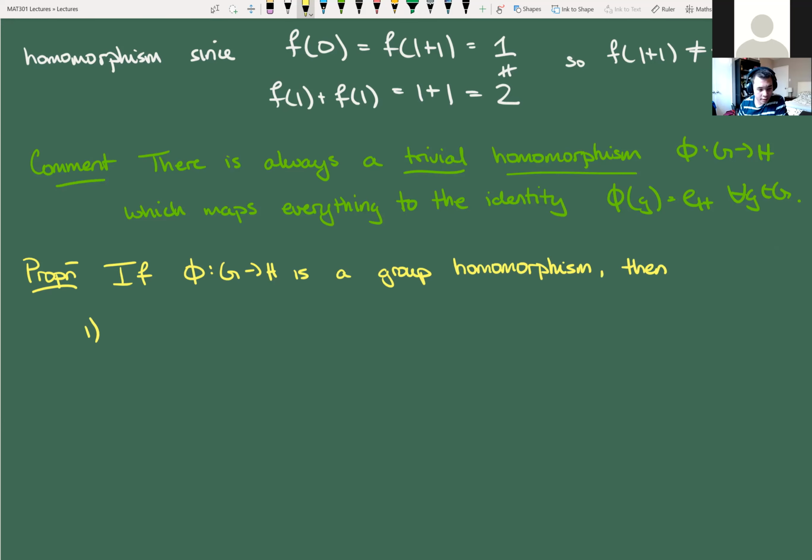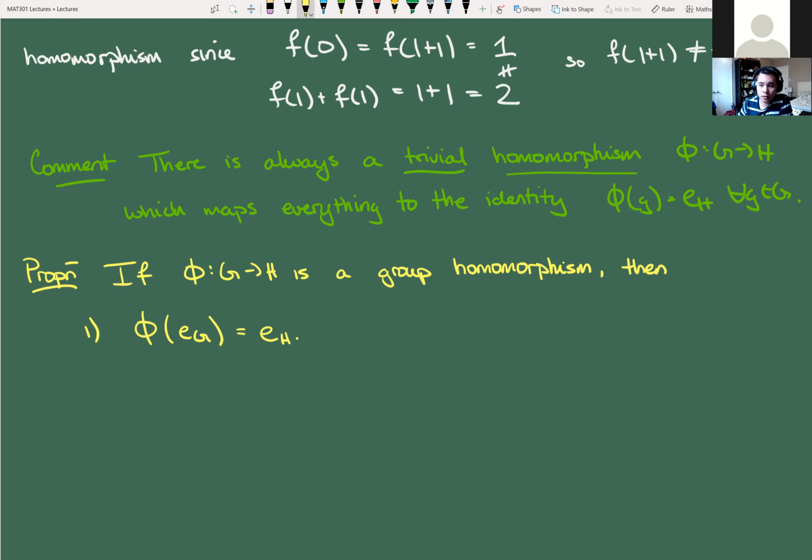Okay, first thing, the identity must map to the identity. And that's not crazy, because a group homomorphism should preserve the structure, and if the identity is part of the structure of a group, then the identity should map to the identity.